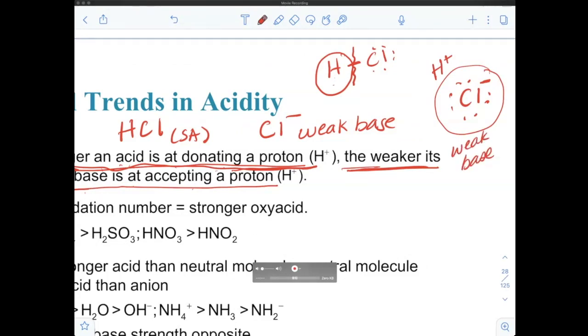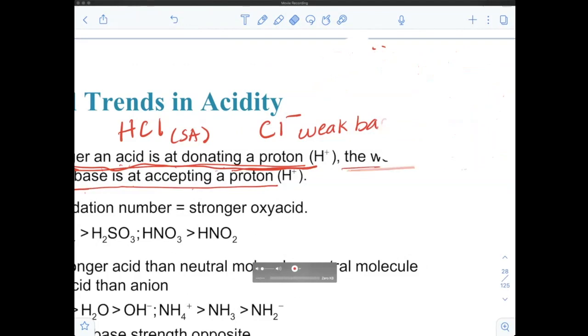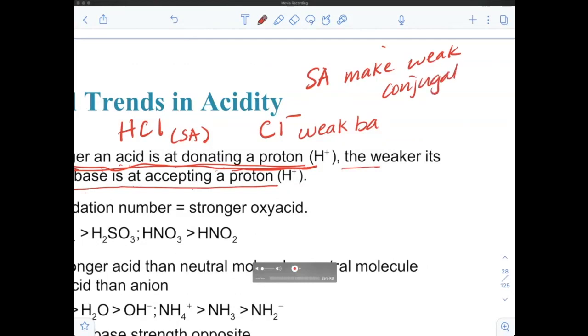According to Bronsted-Lowry, a base takes in the hydrogen ion. A strong base wants to take in the hydrogen ion, while a weak base doesn't want to. The easiest way to remember this is: strong acids make weak conjugate bases.